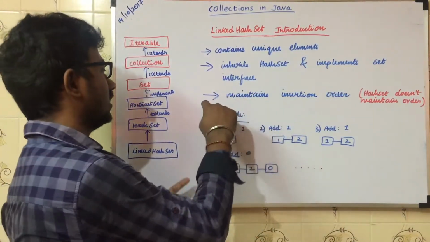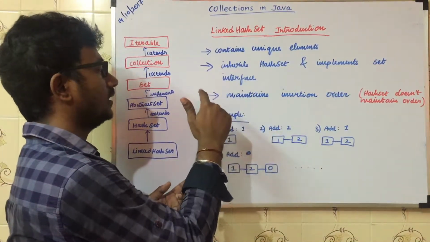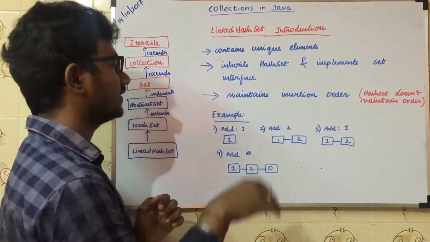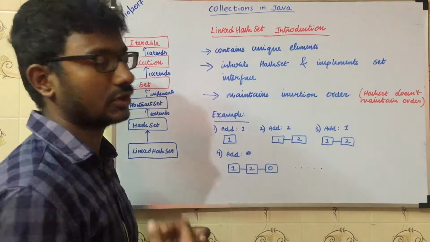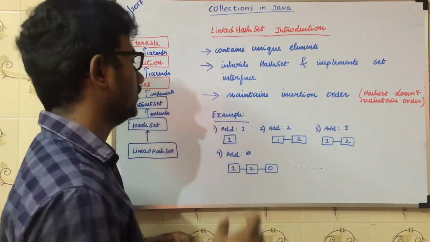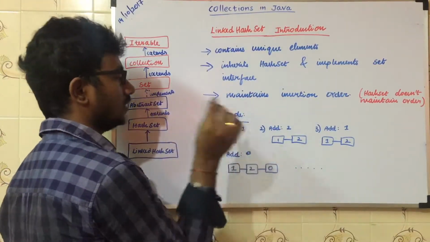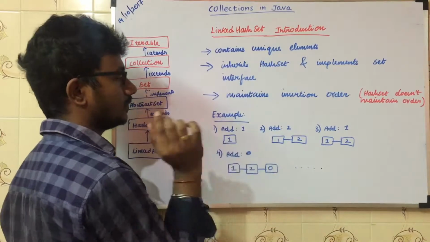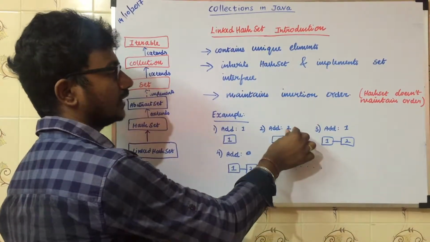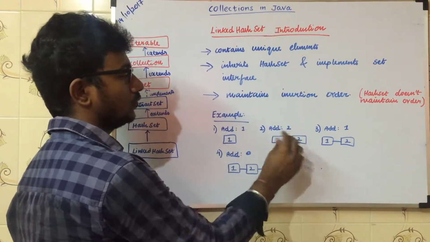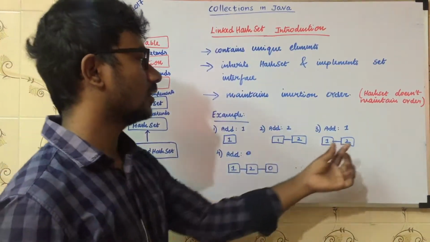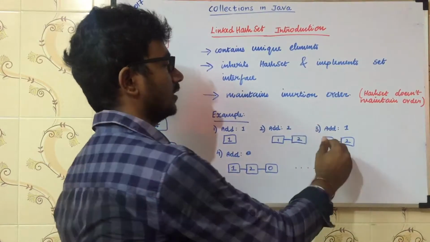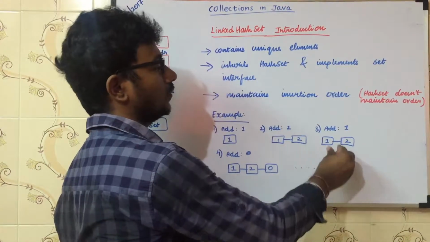We'll see the insertion order maintenance in this example. For example, if you have an empty LinkedHashSet object and you add an element 1, then it will be present here. Suppose you add a second element 2: first 1 here, second element 2 here. If you try to add the element 1 again, it won't add it because it already contains the element 1.